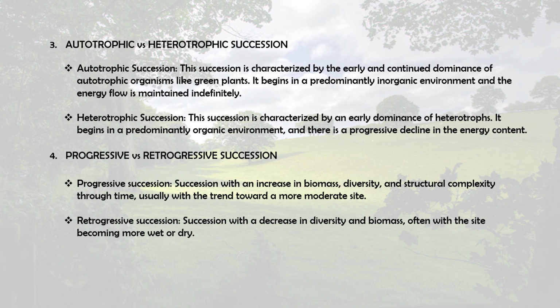And next one is autotrophic or heterotrophic succession. In case of autotrophic succession, there is early and continued dominance of autotrophic organisms like green plants, and this actually begins in a predominantly inorganic environment where the energy flow is maintained indefinitely, and this type of succession is seen during the early period of evolution on Earth.